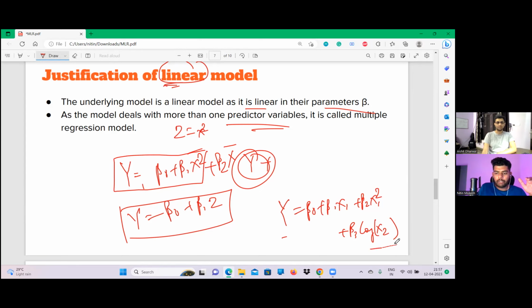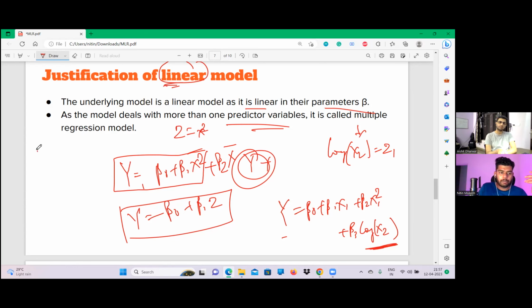These are just transformations of x. You can always replace them with some other variable. Let's say log x2 is equal to z1. So again, we are talking about the same thing. This is just a transformation of your predictor variables. You can transform your predictor variables into anything, and we do.